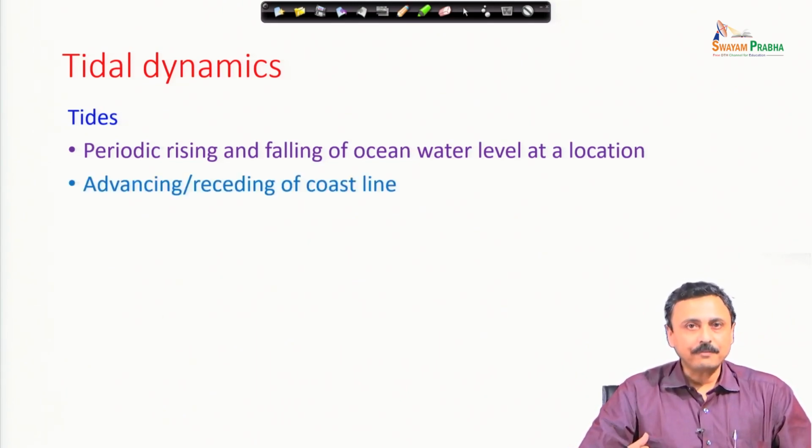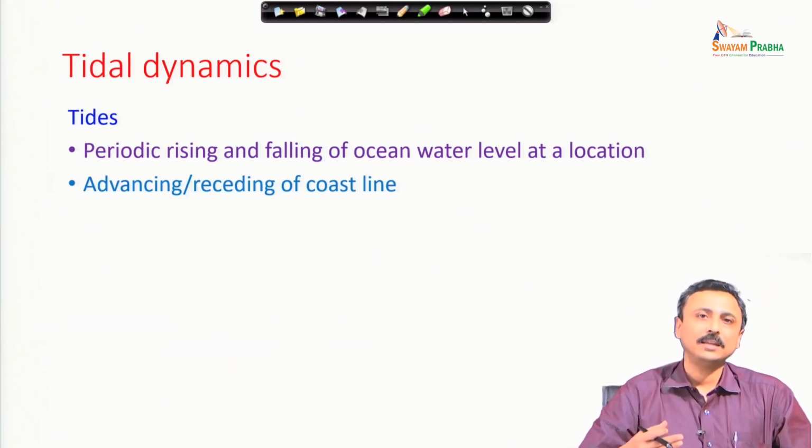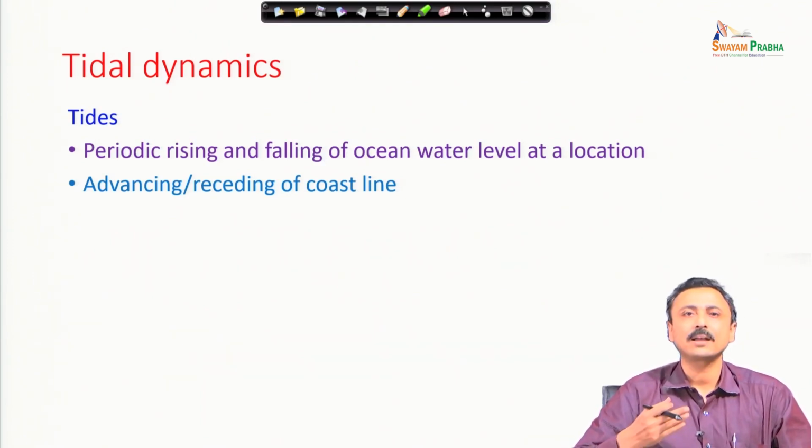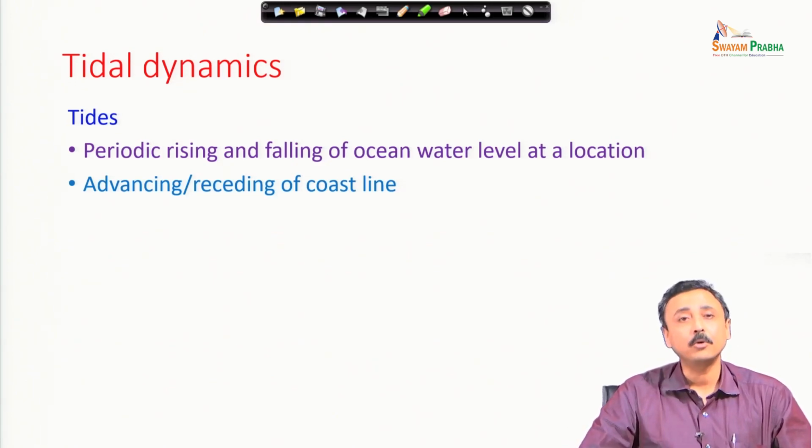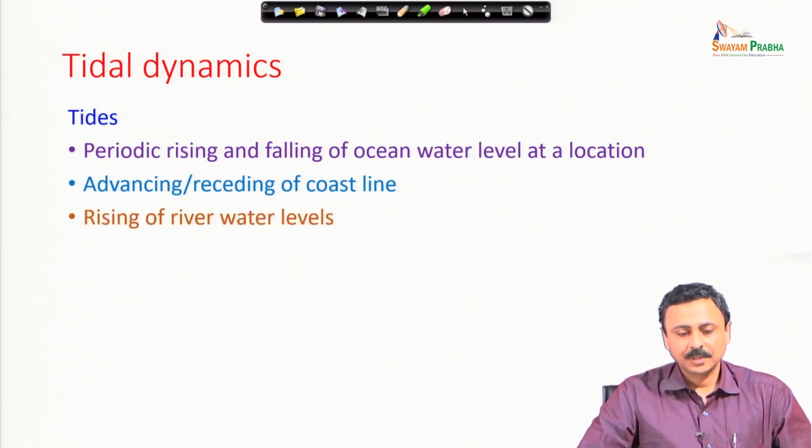And another effect that you might see in many places is advancing or receding shoreline. The sea seems to recede at some point of time, and again it comes back at some other point of time. So, this advancing and receding coastline is an effect of tides.